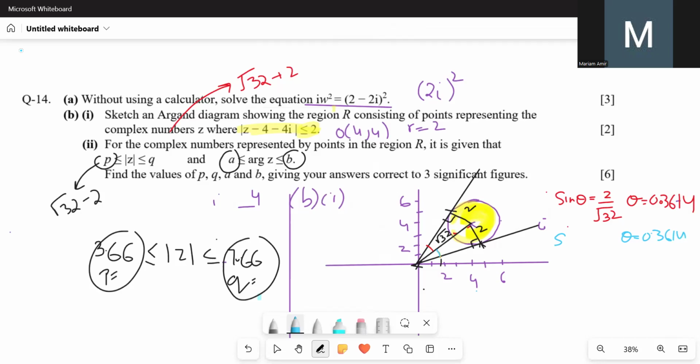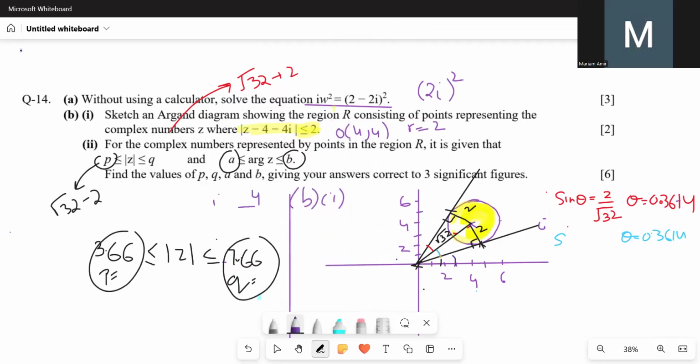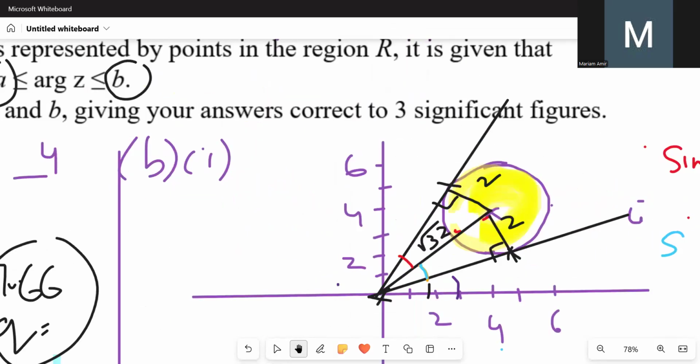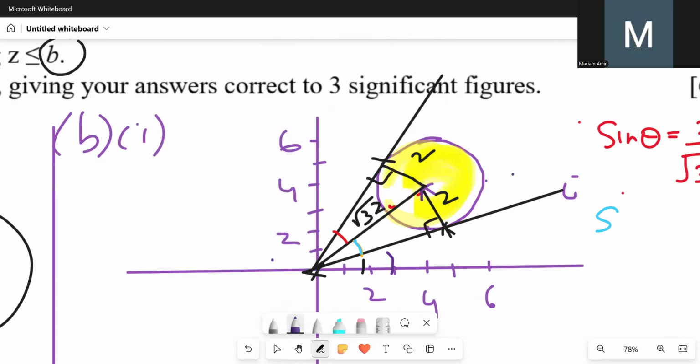Okay, now how do we find the arguments? We need this angle right here. That's going to be the smallest argument. So what we'll do here is make another triangle. What if we make a straight line down like this, a dotted one, and find this whole angle and then subtract the blue angle from it.